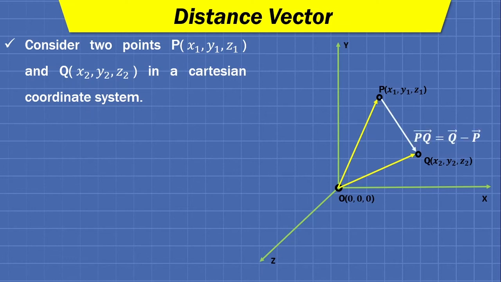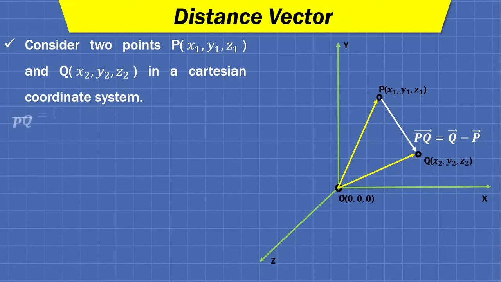Then the distance vector from point P to Q, and it is very important to understand what I am saying, can be represented as PQ bar, which is nothing but the subtraction of the position vector of Q and the position vector of P.